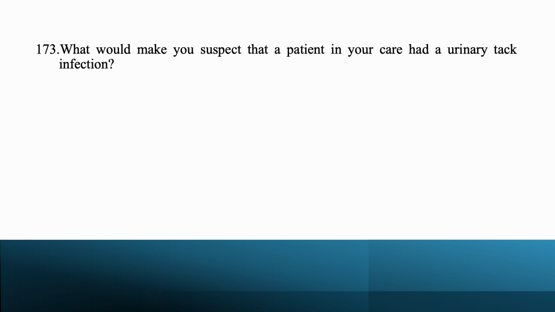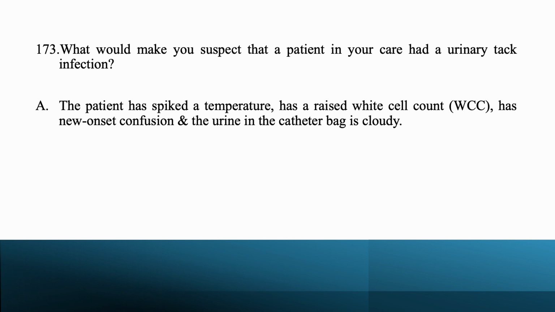Question number 173. What would make you suspect that a patient in your care had a urinary tract infection? Option A. The patient has spiked a temperature, has a raised white cell count, WCC, has new onset confusion and the urine in the catheter bag is cloudy. Option B. The doctor has requested a midstream urine specimen.